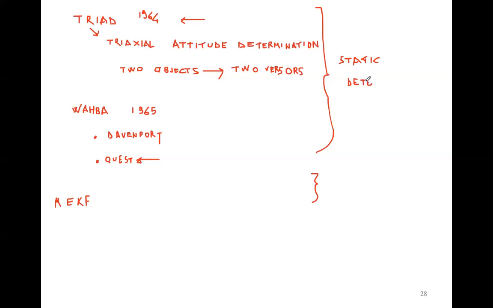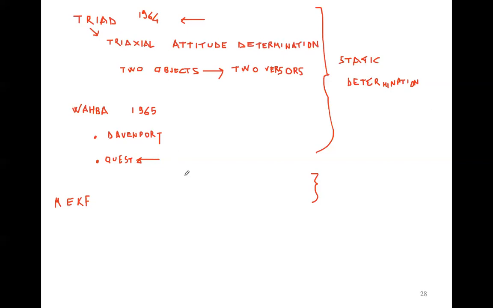So if you're not able to read it, let me know as before. So static determination means that you are able to determine the state every single time step. You're not taking into account, for example, the memory of the previous state. Every time you have an observation, you process the observations and you determine the state, but you don't keep track of the previous attitude determination.